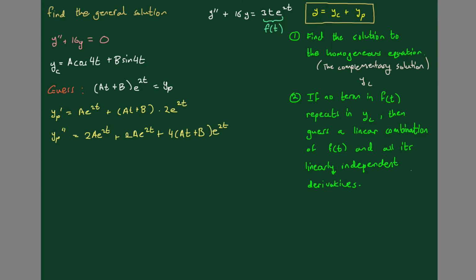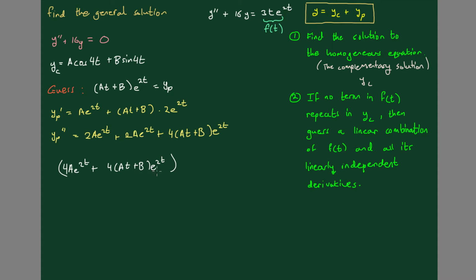So let's go ahead and plug these values into the differential equation. So that means we're going to have 4a e to the power 2t plus 4 times at plus b e to the power 2t.